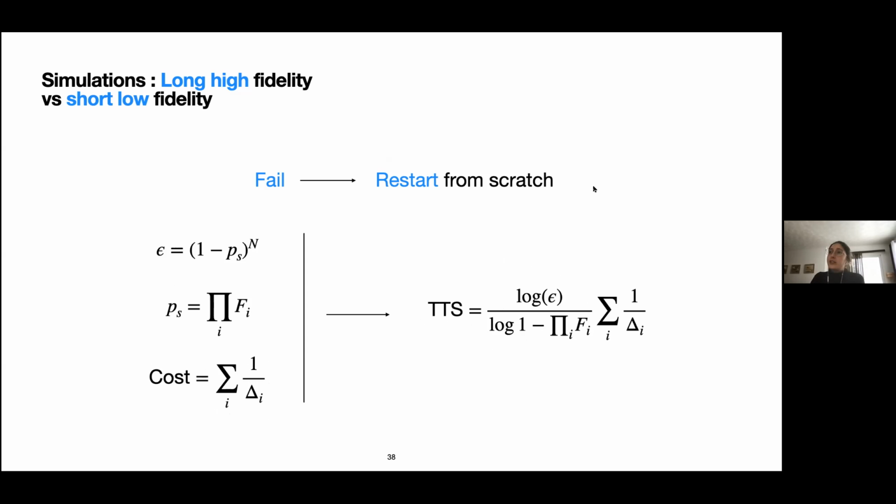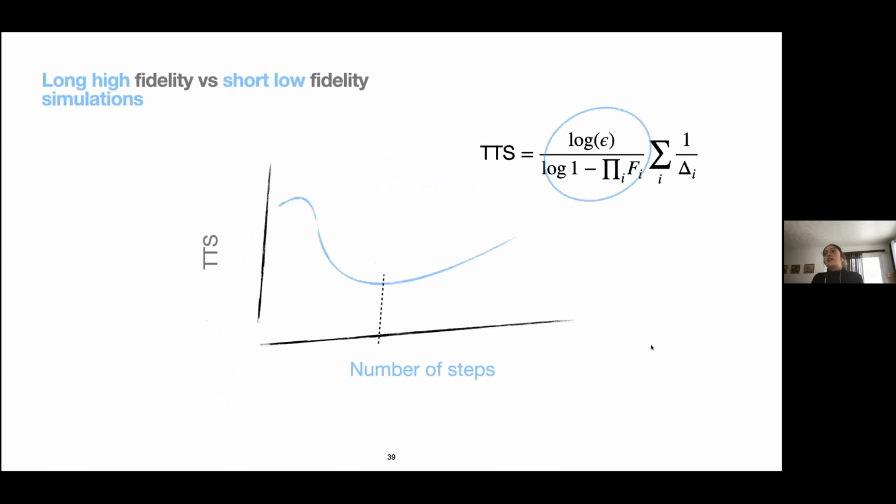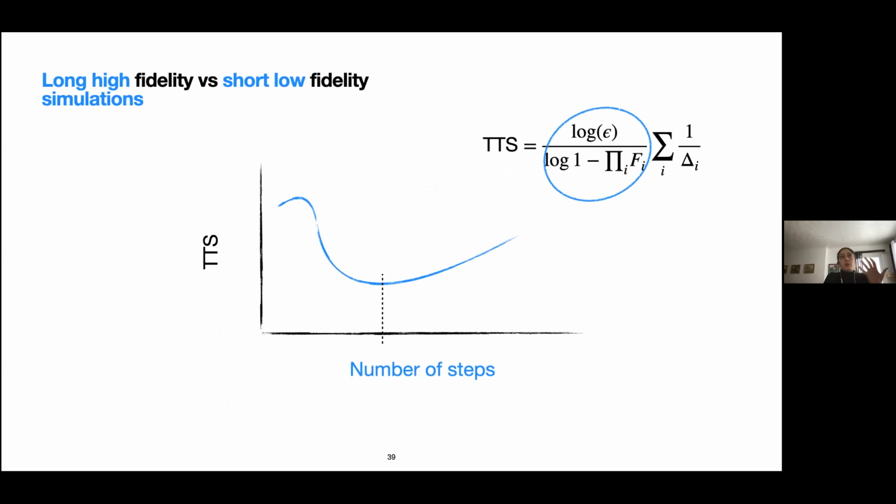So you have a formula that looks like this. If you minimize that formula, you will find the optimal trade-off, as I said, between a simulation that has a high probability of succeeding, but that is costly, but that you need to repeat less often, and a short simulation that has a low probability, but that you will have to repeat many times.